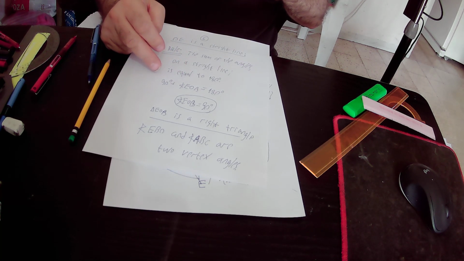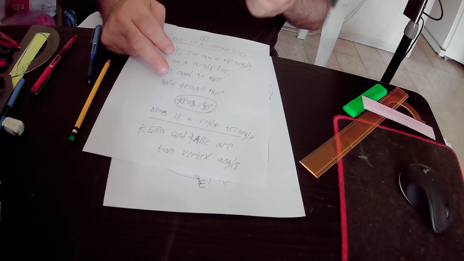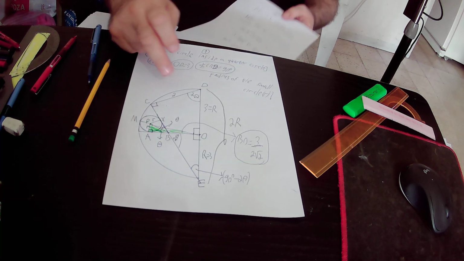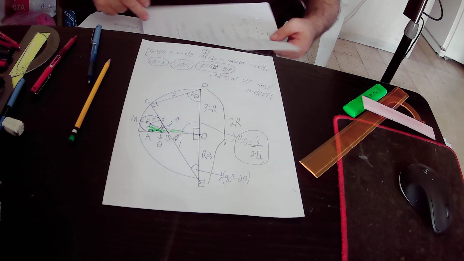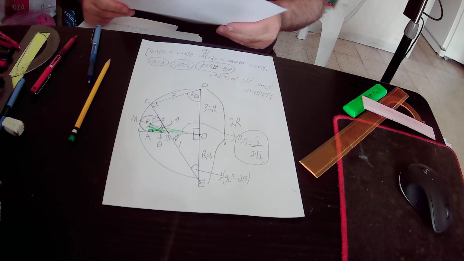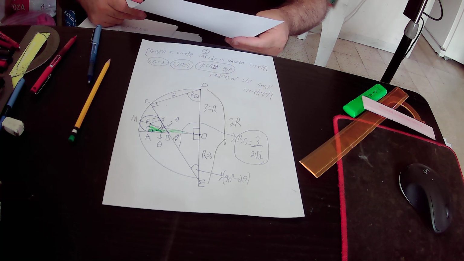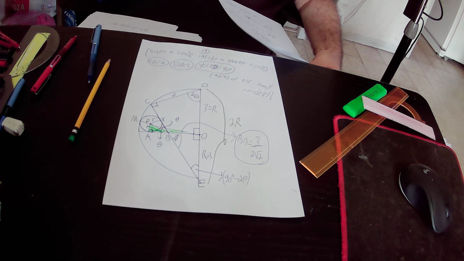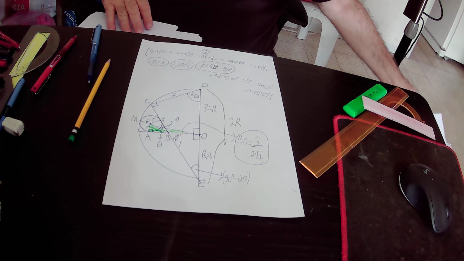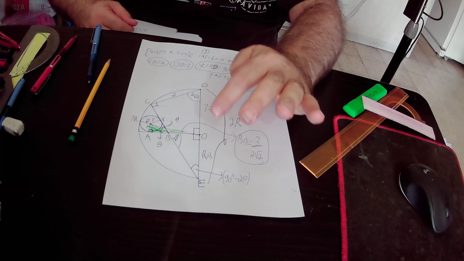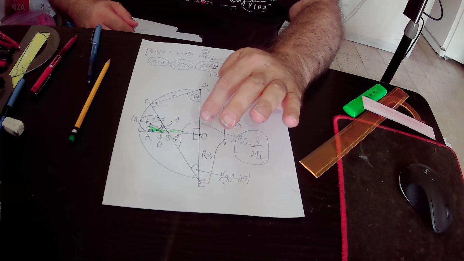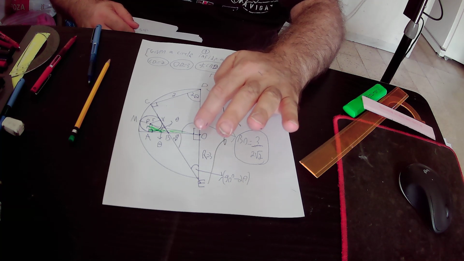We subtracted 90 degrees from this equality and we got that angle EOB equals 90 degrees. So angle EOB is a right angle. Therefore, the triangle EOB is a right triangle.